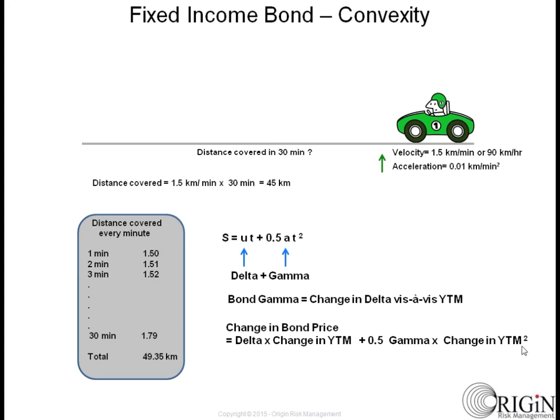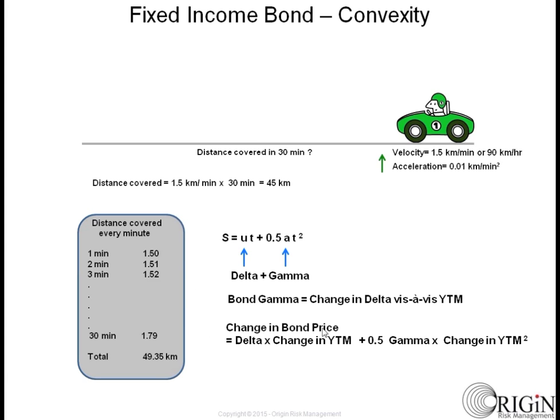You can compare this to the Newton's equation we looked at earlier. It is absolutely the same. The delta is initial velocity u, change in YTM is the time period, and gamma is acceleration. S, the distance, in that equation is replaced by change in value of the bond.